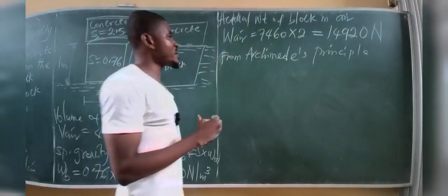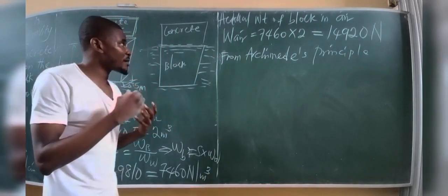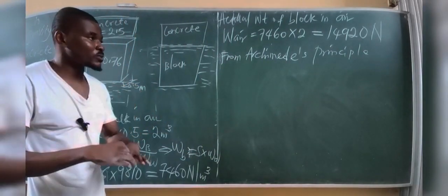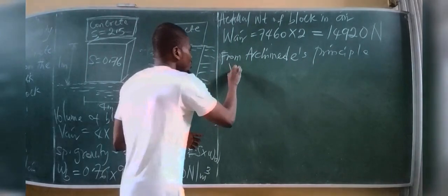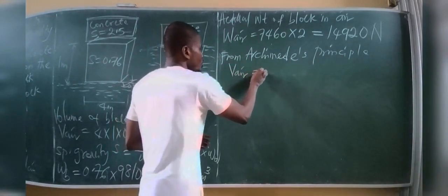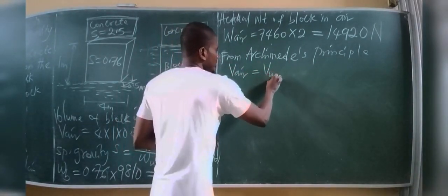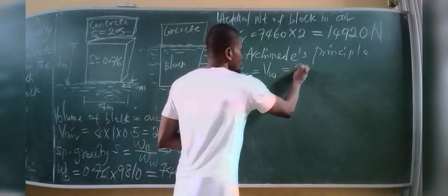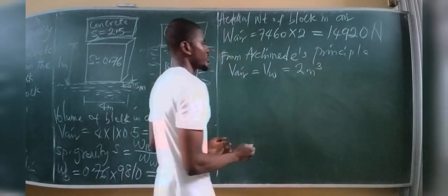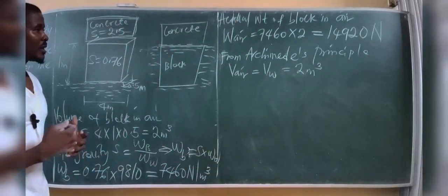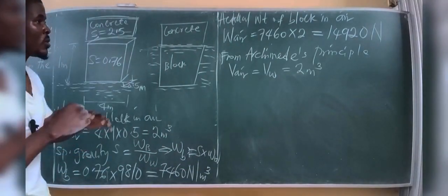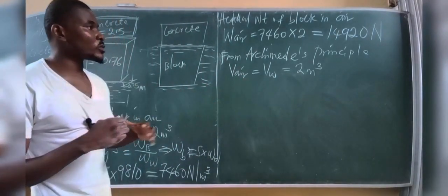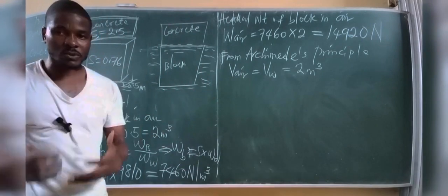From Archimedes' principle, since the entire block is immersed in the water, it means the volume of the block in air is equal to the volume of the block in water, and this still remains 2 meters cubed. Next, the whole thing we are trying to do now is to obtain the weight of the object in water.